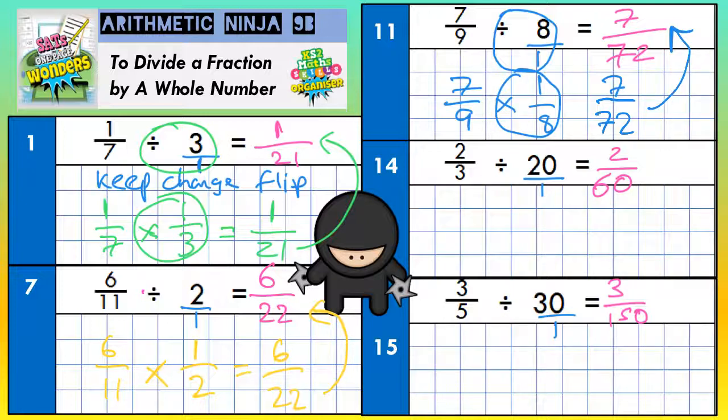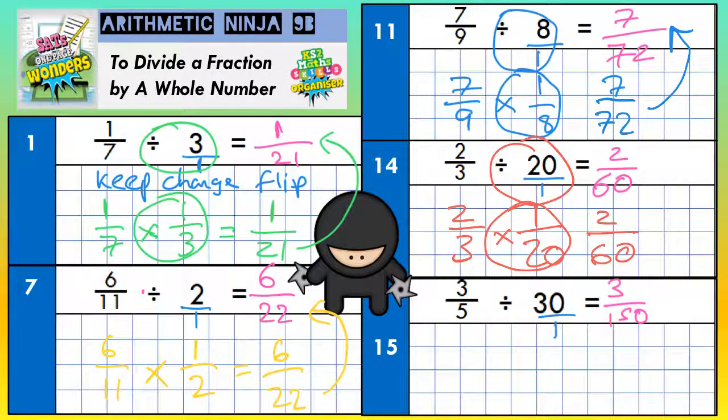Number 14, keep, change, flip. Keep the 2/3, change the divide for a times, flip the 20 over 1 to become 1 over 20, and go top times top, bottom times bottom. Dividing by 20 over 1 has exactly the same answer as timesing by 1 over 20. Top times top, 2 times 1 is 2, bottom times bottom, 3 times 20 is 60. Final answer, 2/60. Exactly the same as what we got before.